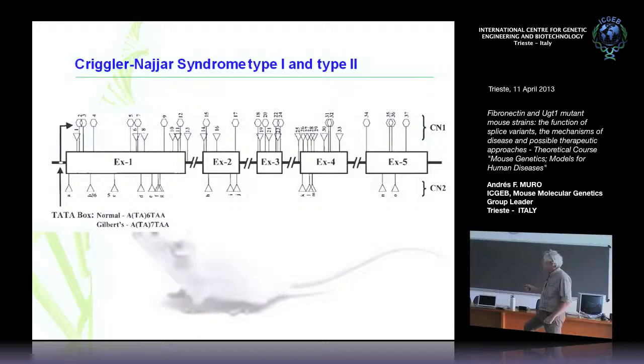Type 1 is the one that results in no functional protein, while in type 2 there is some residual activity of the protein, so it is not so severe. And there are also some mutations or polymorphisms in the promoter, present in about 10–15% of the population, changing the levels of the enzyme and the level of bilirubin in blood.